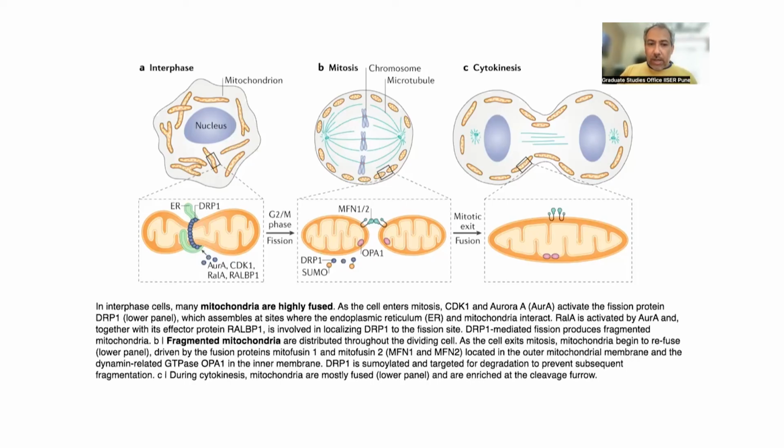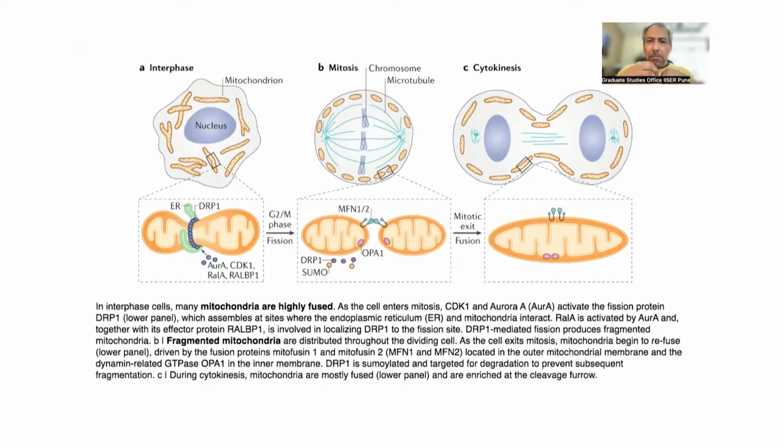But what effectively happens is that the DRP1 activation assembles at sites where the endoplasmic reticulum and mitochondria interact. RalA is activated by Aurora kinase A, and together with its effector RalBP1 is involved in localizing DRP1 to fission sites, and DRP1-mediated fission produces fragmented mitochondria.